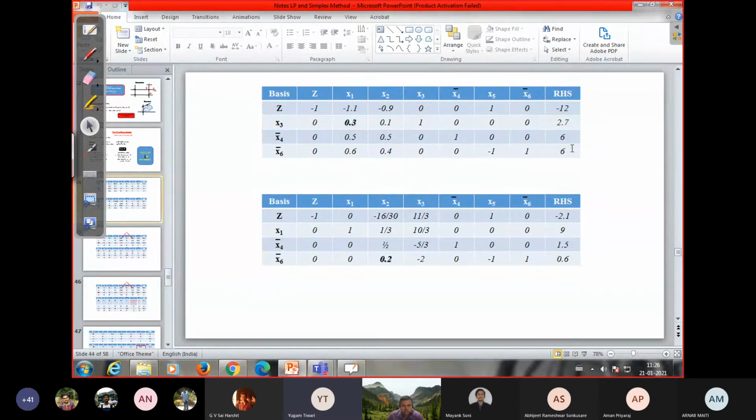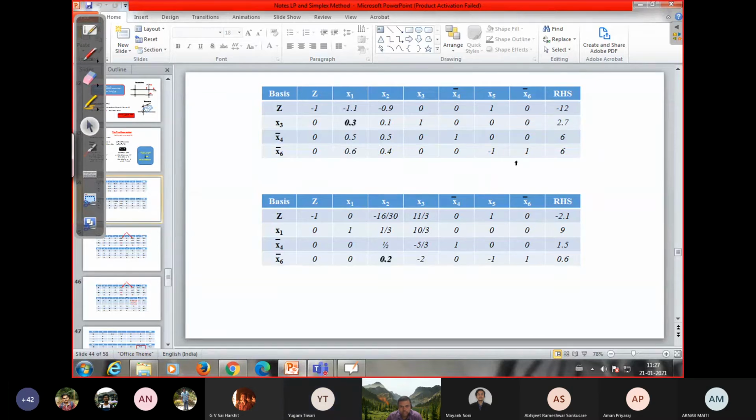So when you look at the x3, x4 and x6 coefficient columns, you will find an identity matrix. See, 1 0 0, 0 1 0 and 0 0 1. Which makes x3 equal to 2.7, because x1, x2 and x5 have values of 0.